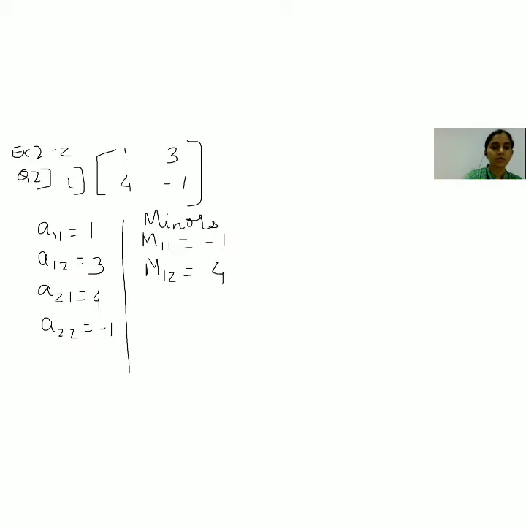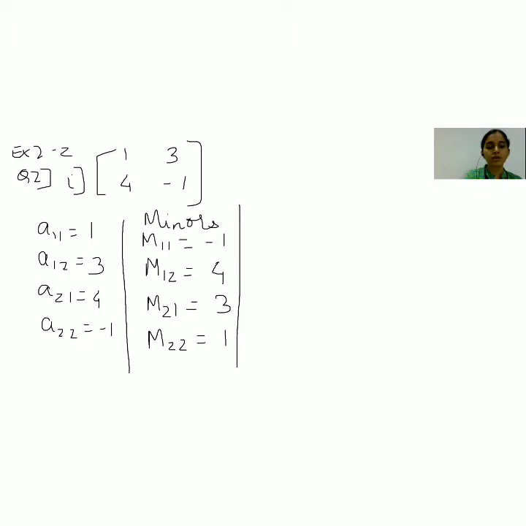So we have 4. M21 is equal to second row, first column, 3. And M22 is the second row, second column. So this is 1.